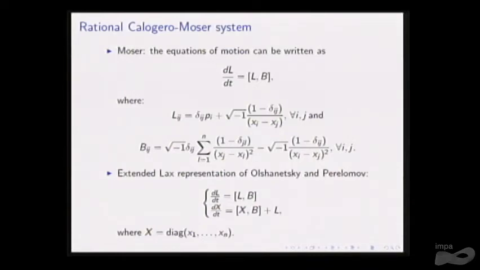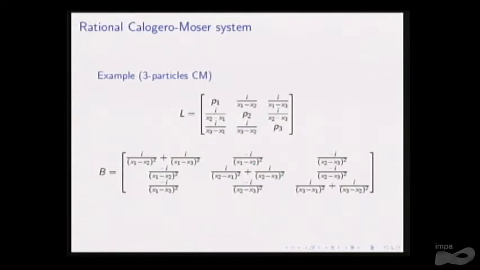So the first matrix, Lij, is a Hermitian matrix, and the second matrix here is a skew-Hermitian matrix. Just to have an example, this is L for 3 particles and B for 3 particles.